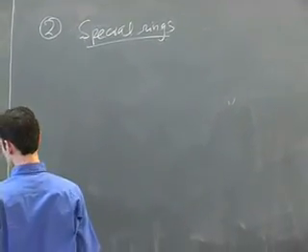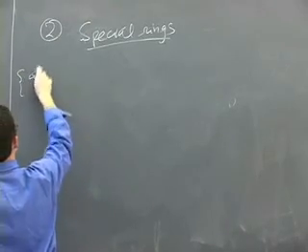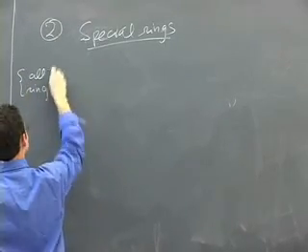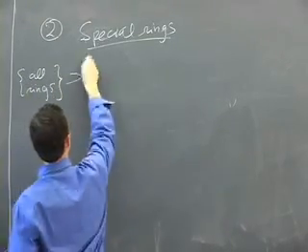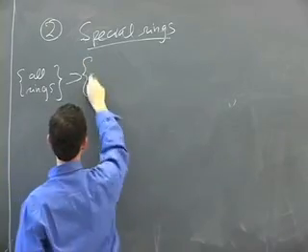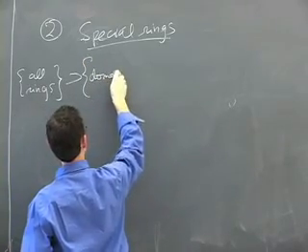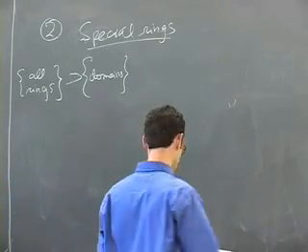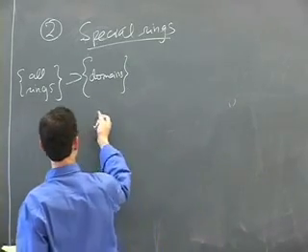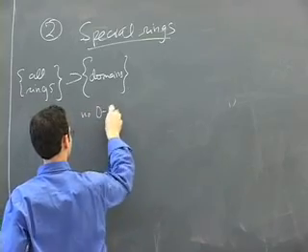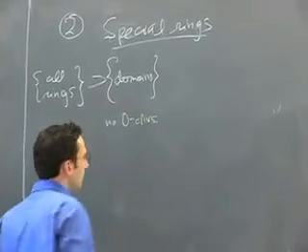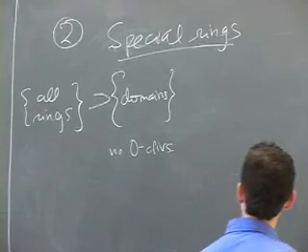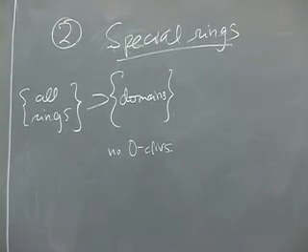And we had this filtration of rings. So we had all rings, and then we looked at a subclass of all rings, which we called domains or integral domains, but I'll just abbreviate to domains because it's shorter. The point here is, of course, there are no zero divisors. But the really essential thing about there being no zero divisors is that you have a cancellation law.